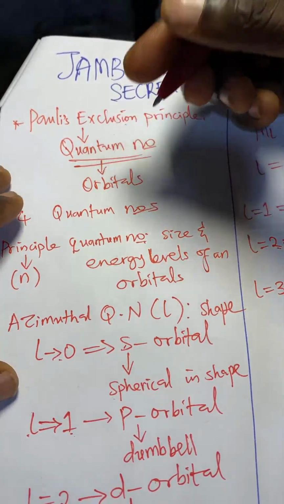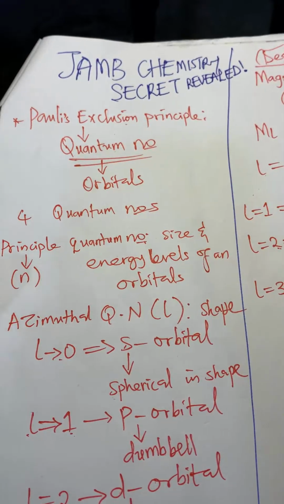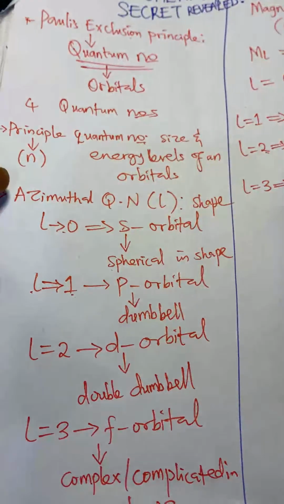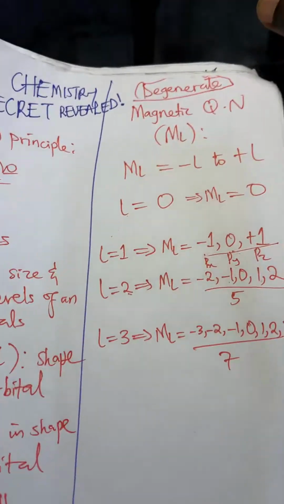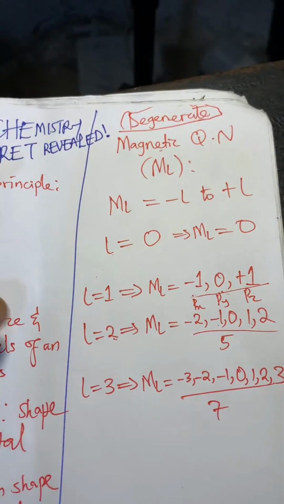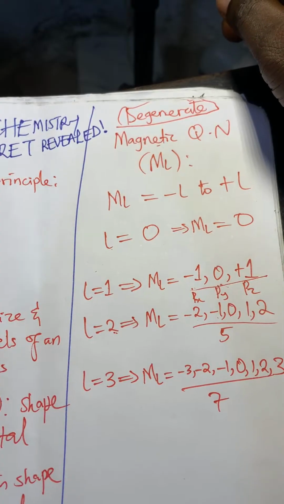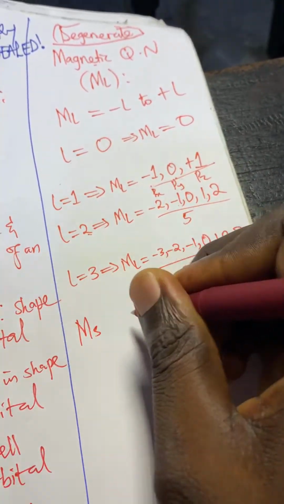We have mentioned the principal quantum number that determines size and energy levels of an orbital. We have mentioned the azimuthal quantum number that determines the shape of an orbital. Then we have mentioned the magnetic quantum number that determines the subshells, and of course spin, the last quantum number.